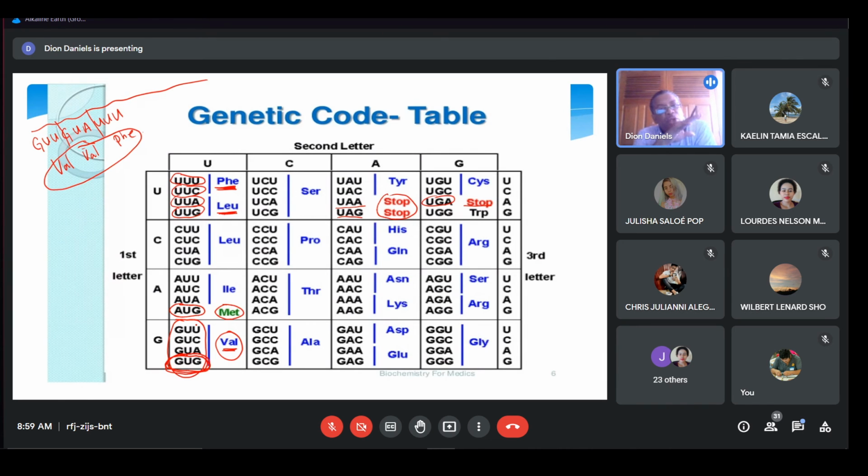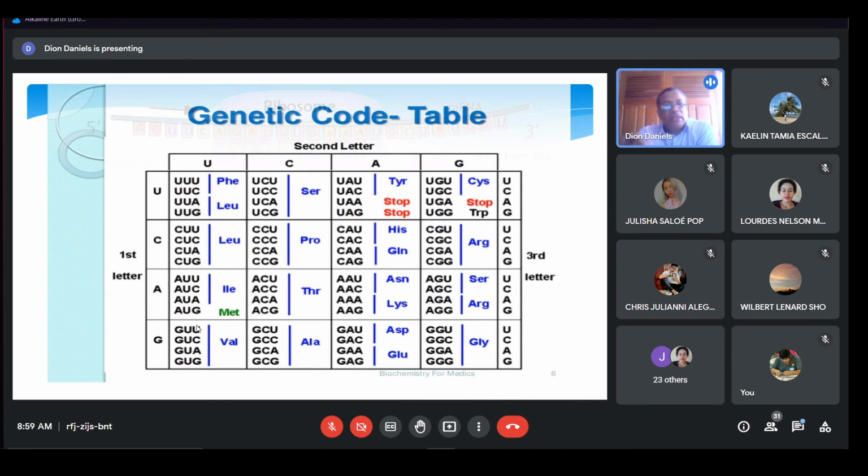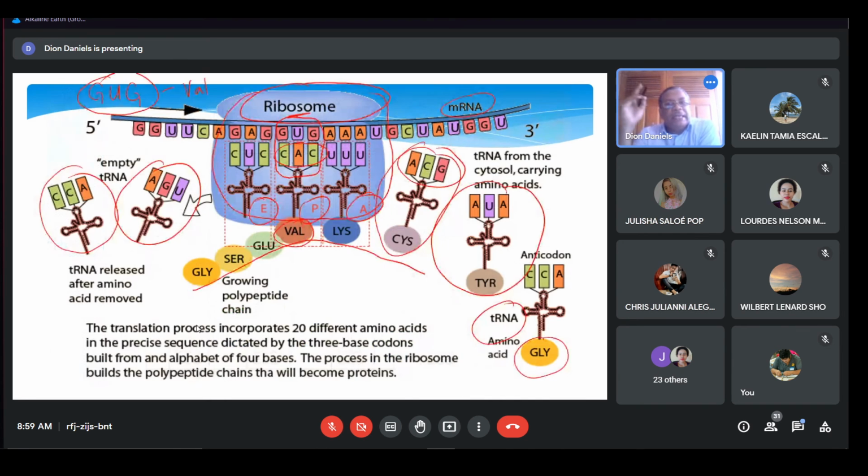So the coded message that corresponds to the amino acid is the one on the messenger RNA, not the anticodon on the transfer RNA. Is that clear? That is what you need to focus on, the coded message on the messenger RNA. And from there you can go to your genetic code table to find out which amino acid corresponds to these particular codons.